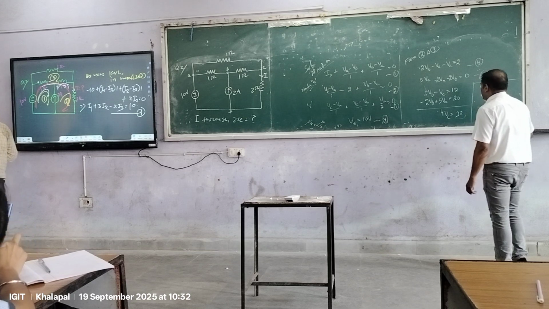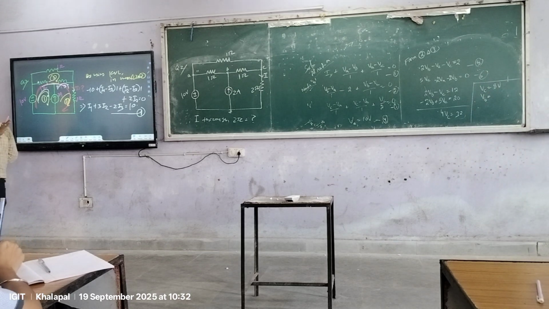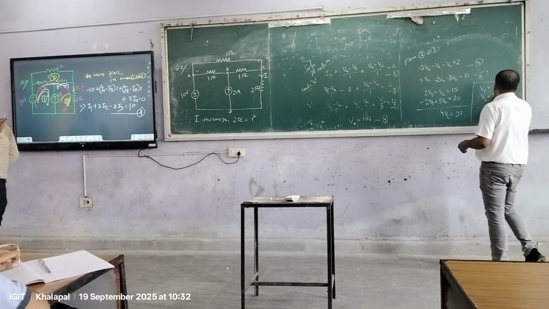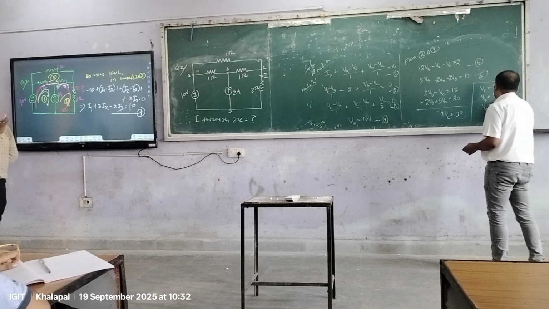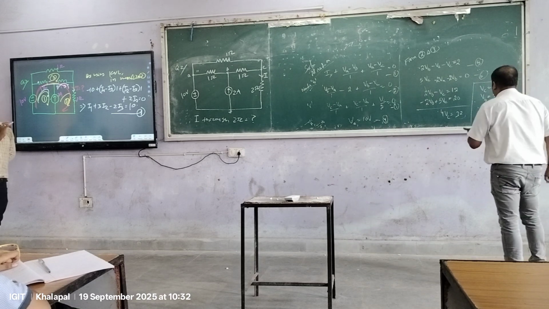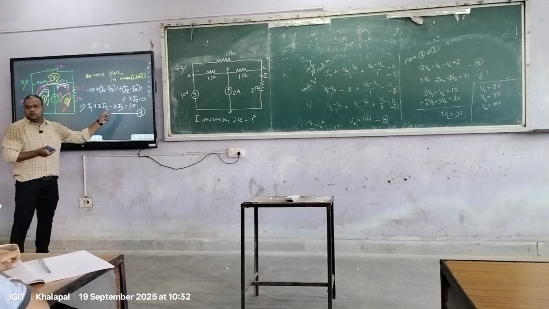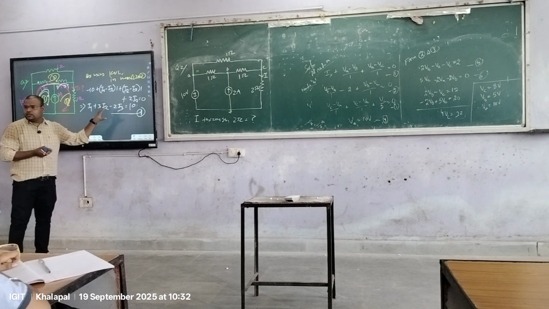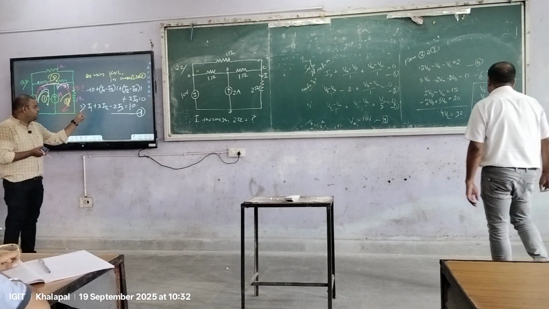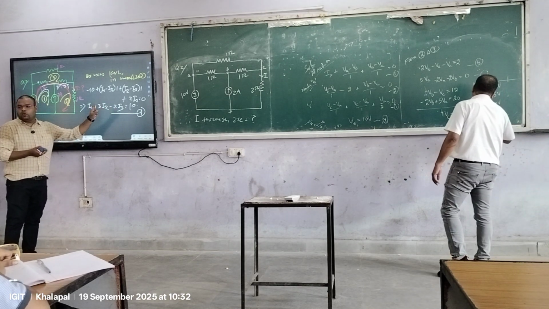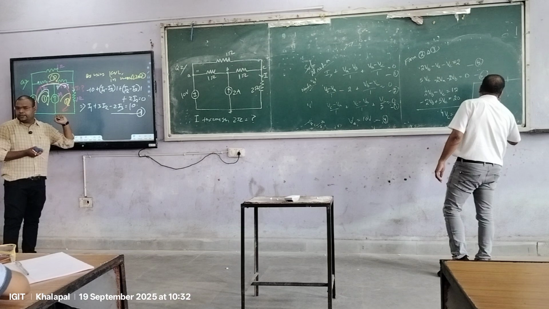Everybody getting this? Or anybody having any doubt here? Please ask. Okay, everybody getting this equation? So the first equation is I1 plus 3I2 minus 2I3 is equal to 10.